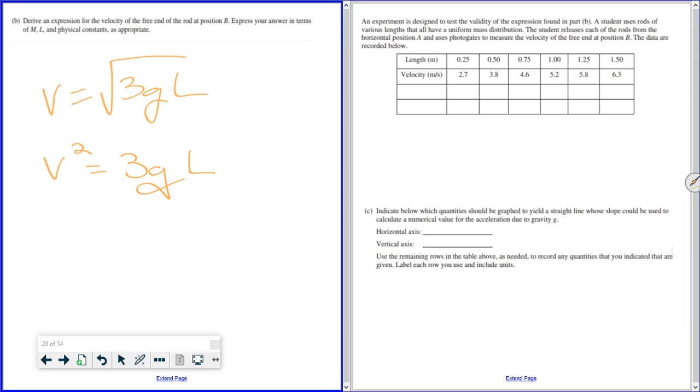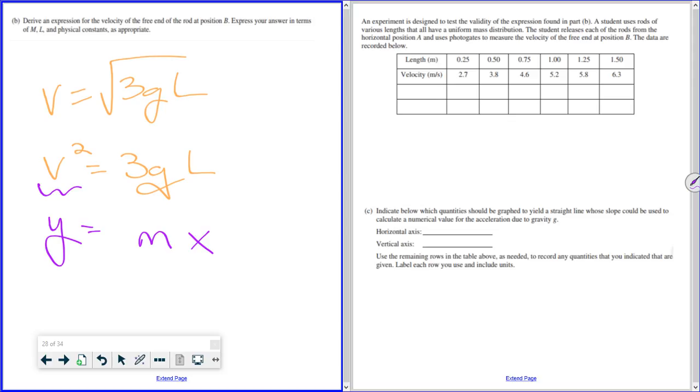So I'm thinking, if I make this y equals mx, you can either make m 3g and plot L, or make m g and plot 3L. Follow?